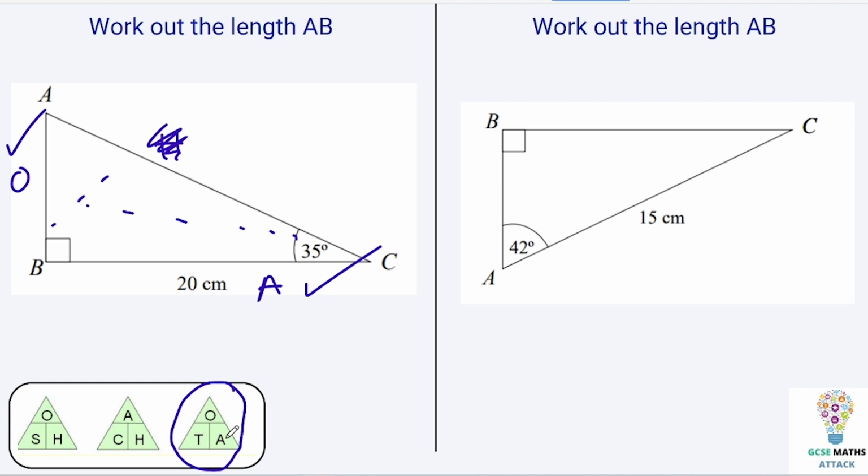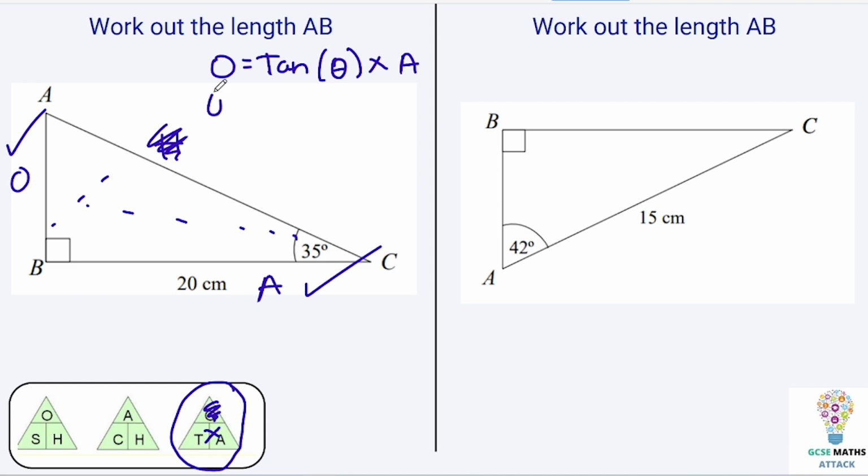I've been given the adjacent. I've been given tan theta, which is 35. But I'm not given the opposite. So in order for me to work out the opposite, I must do tan times adjacent. So opposite equals tan theta times adjacent.